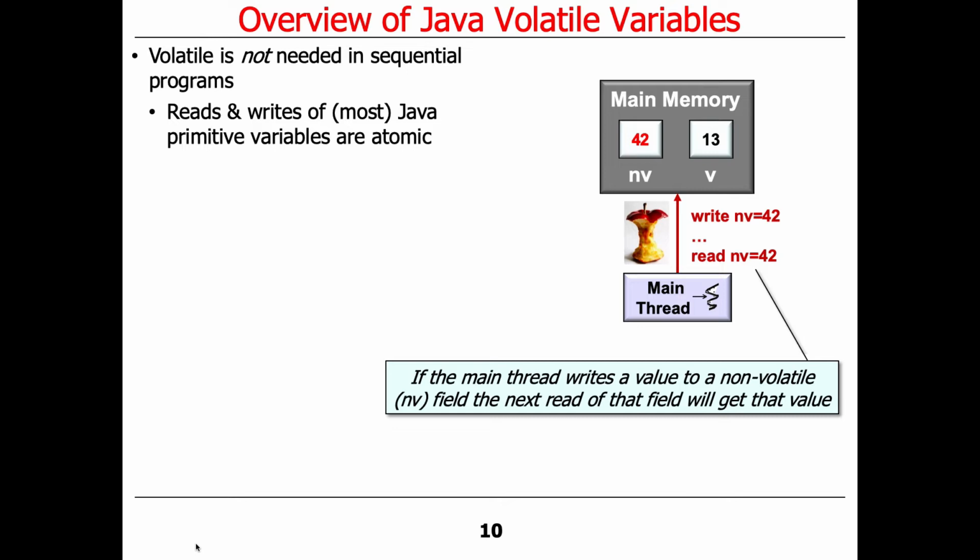So if you have a Java program where you have some thread that writes to a non-volatile field, then the next read of that field will get the value if there's only one thread. So if you only have one thread and you write, then the next time you read, you get the update. And of course, that would work perfectly fine because it could be cached, but it wouldn't matter because there's only one thread of control. So if you're reading out of the cache, you're reading out of the same cache because there's only one thread.